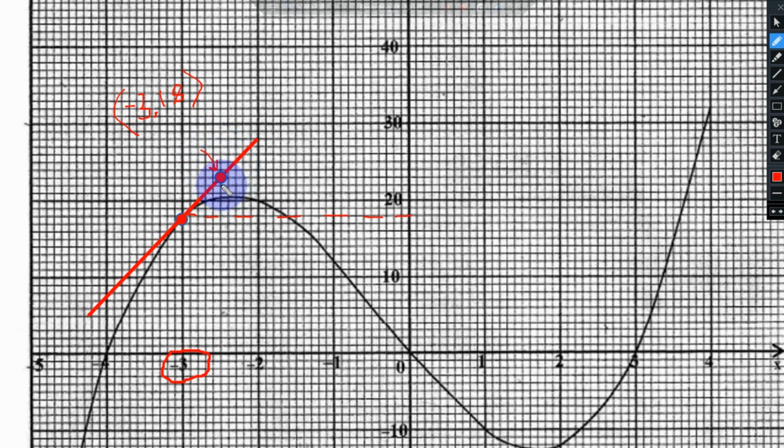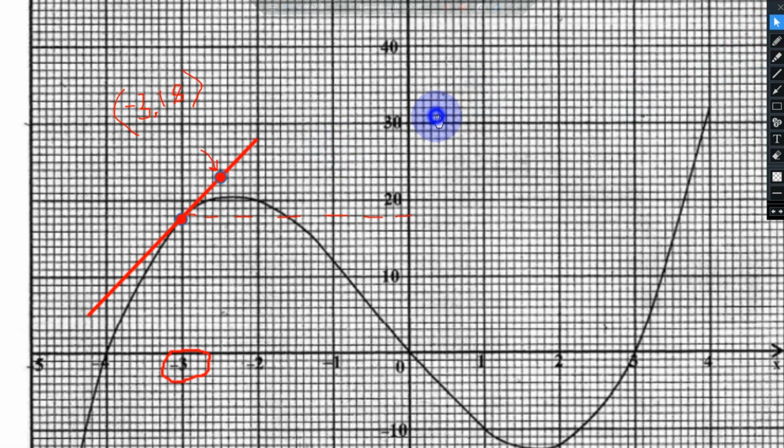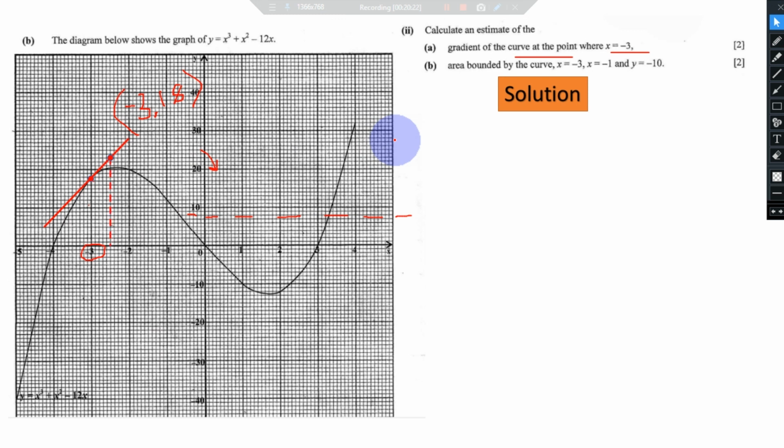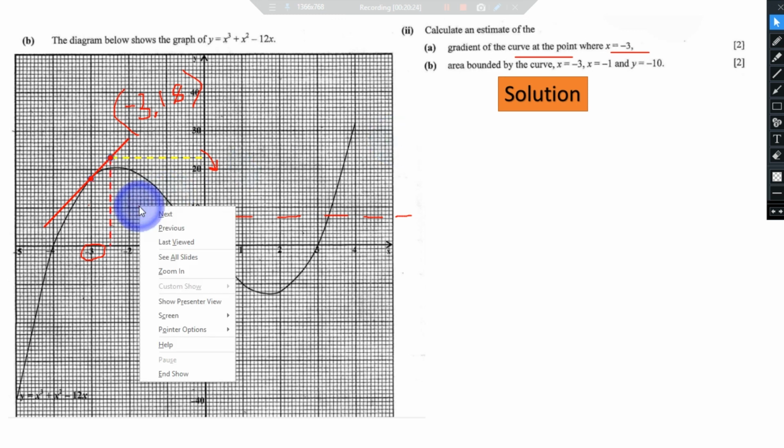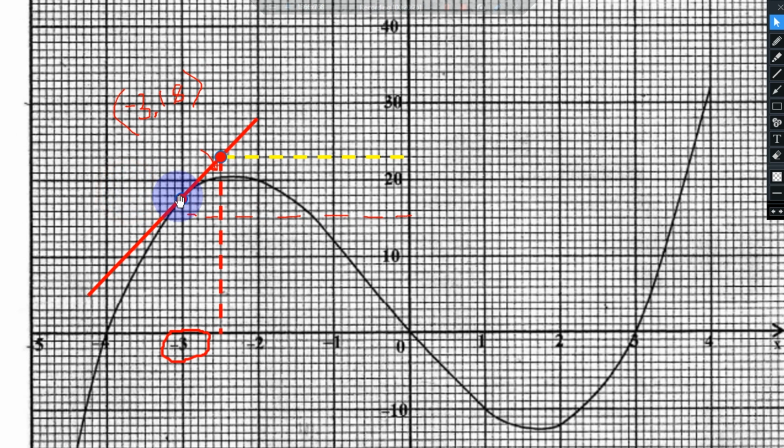From here, I'm going to pick my x value, and at the same time my y value, with dotted lines like that. You can see my x value here. Remember the scale for the x-axis.